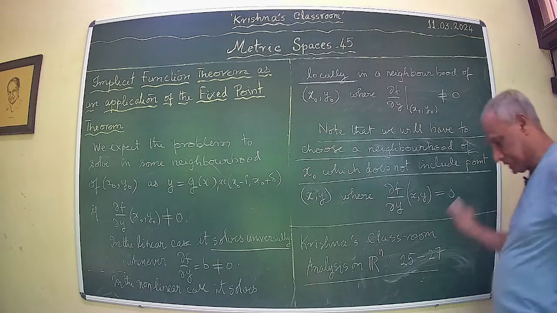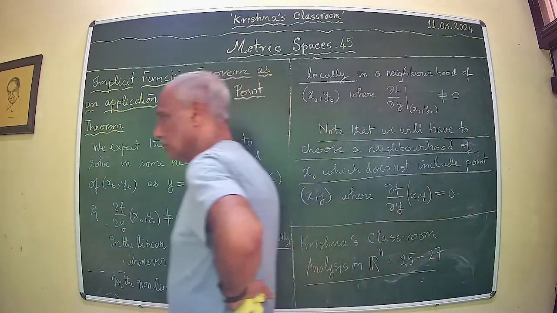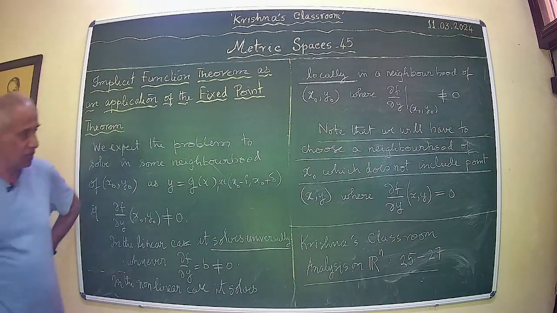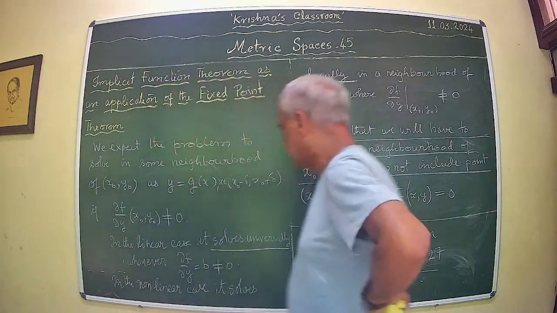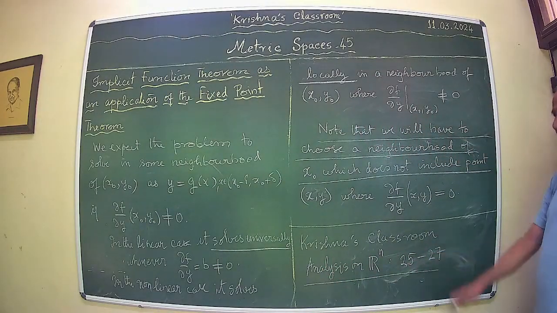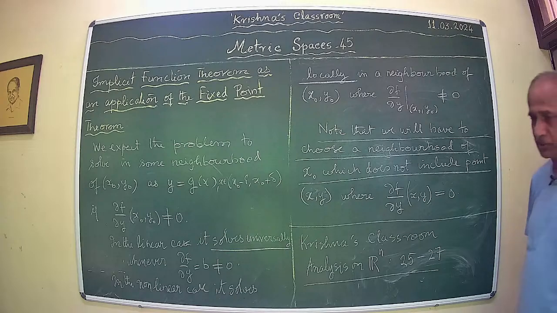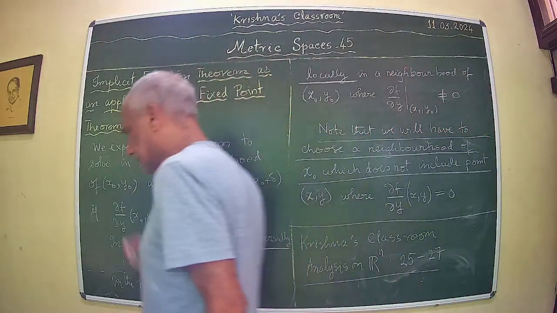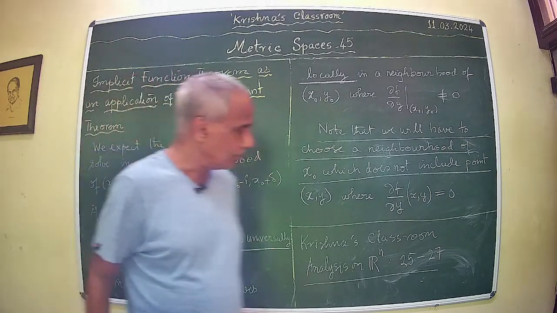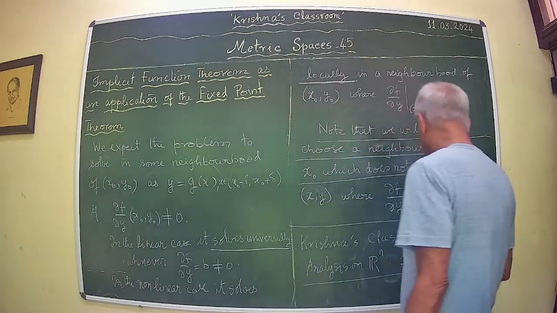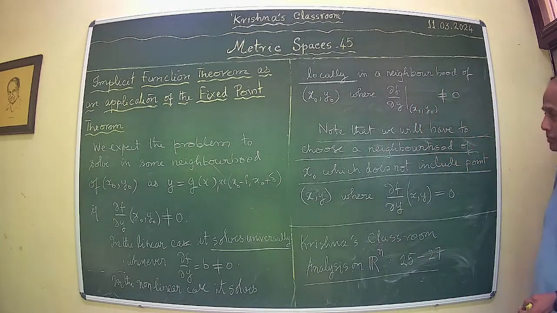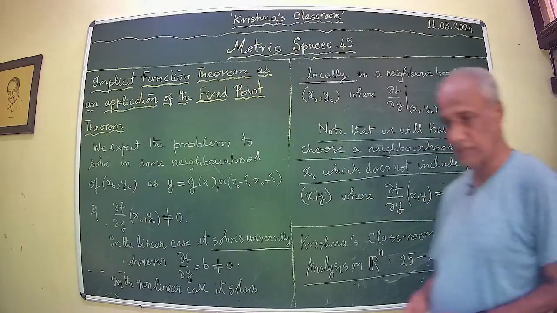I don't intend to go into the proof in such detail in this lecture because it is more or less repetitive. In the general scenario, the whole thing has been analyzed very deeply, and how the fixed point theorem comes into play. So in the next lecture, I will conclude by giving the statement and the proof of the implicit function theorem.